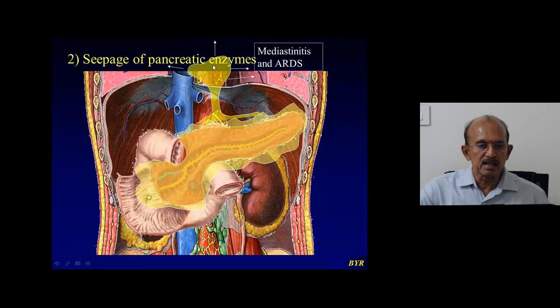Once they go into the mediastinum, they cause irritation of the lung tissue, and lungs and pleura are irritated and they secrete a lot of fluid. So whenever the lung alveoli are edematous, that results in the condition called ARDS, adult respiratory distress syndrome, and mediastinitis.